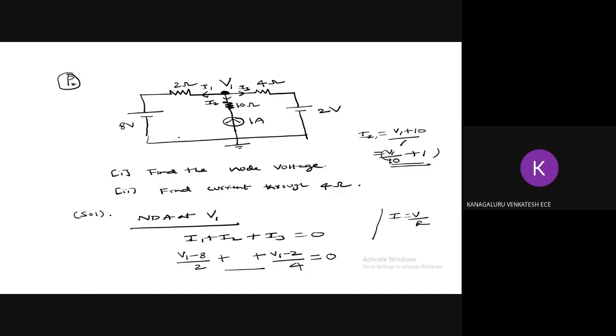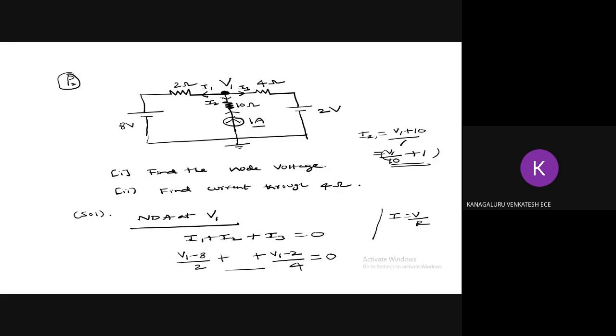Can you tell me what is the current after crossing this 10 ohms? Here current is 1 ampere. What about at this point? After crossing 10 ohms? Current in series is the same.